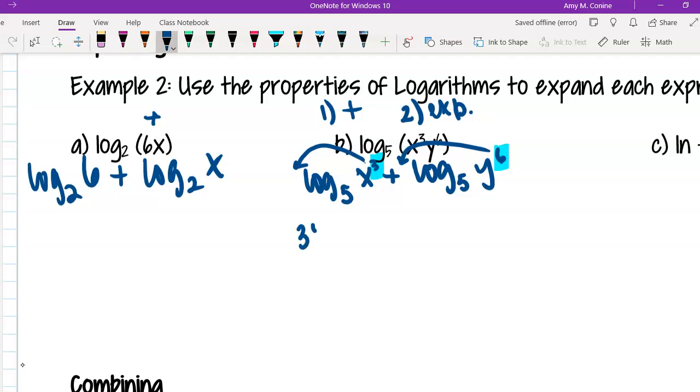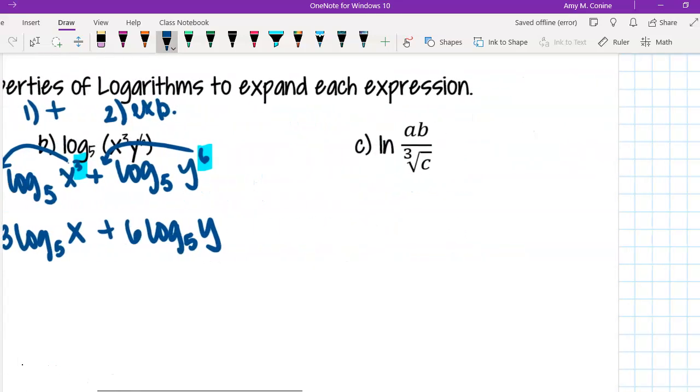So now we have 3 times log base 5 of x plus 6 times log base 5 of y. Now if the terms in this expression could be simplified in any way, then we need to continue to simplify. But we just have variables, so we don't need to worry about that now.